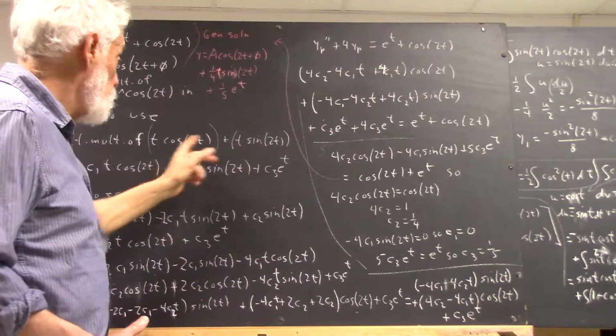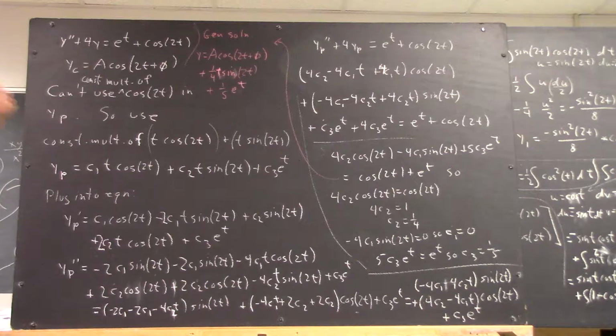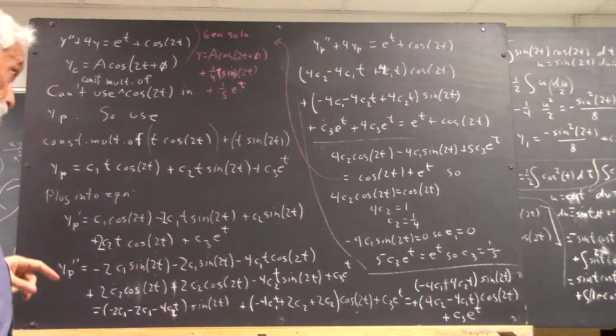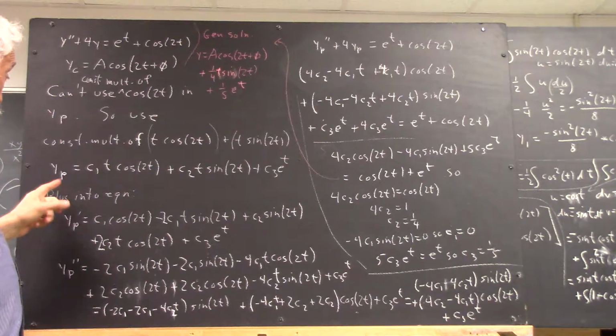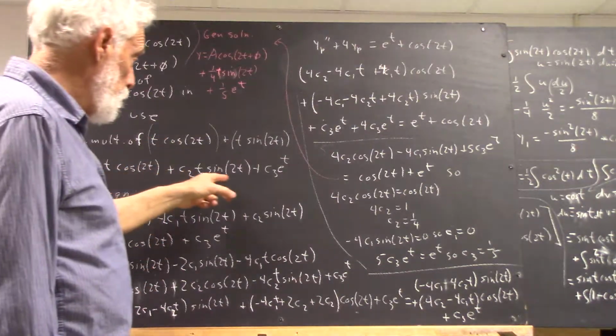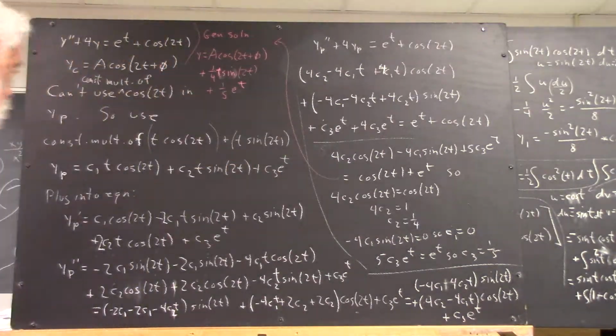So we're going to have to use this as well because we have to cover all possible bases. And there are more formal reasons for that, but that's the way it kind of feels. So our particular solution is going to be c1 t cosine of 2t plus c2 t sine of 2t plus c3 e to the t. Okay, now it's just a matter of taking some derivatives, plugging in, and solving for our constants.